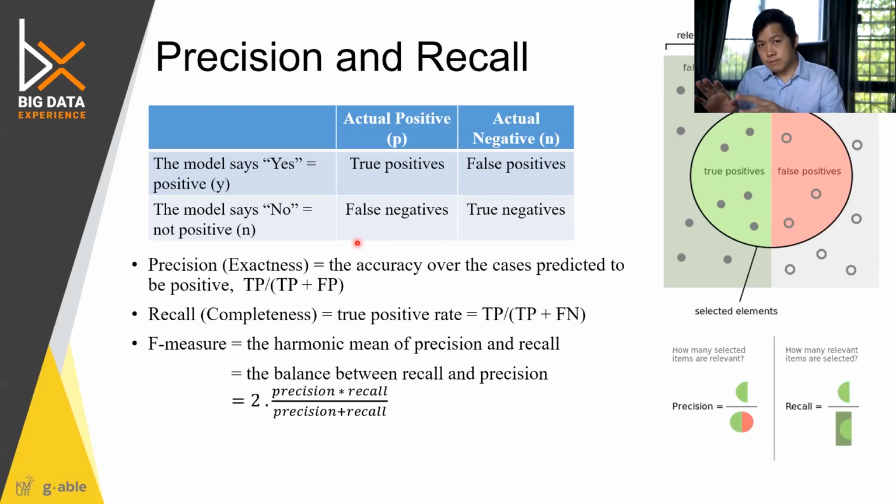Now, let's compare this to something that is serious right now, like in the coronavirus testing. True positive, right? This is like the test says true, and you actually have that. True positive would mean that the test indicates that you have been infected, right? True negative would mean that the test has confirmed that you are not infected.